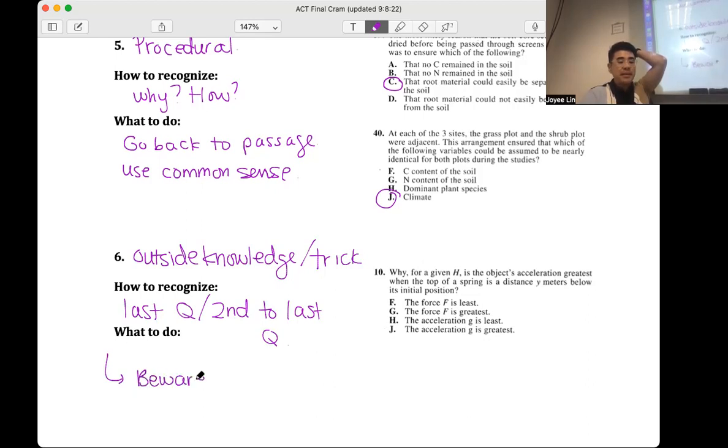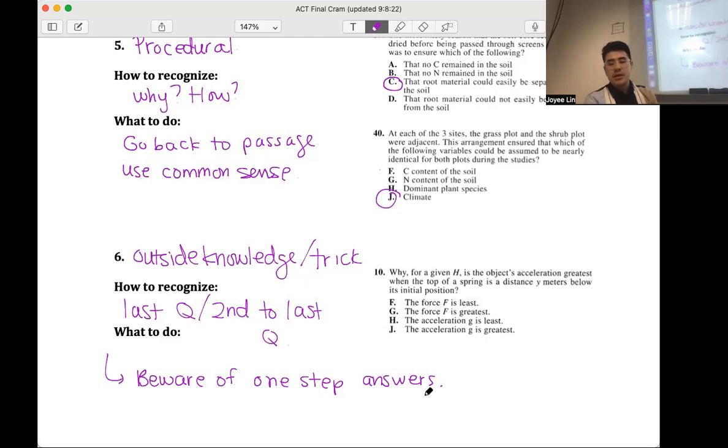Beware of one-step answers. If you're on the last question of a passage and you're like, oh, I found it, you're probably doing it wrong, right? Oh, I found it, I need to double it. Oh, I found it, I need to subtract 10. Oh, I found it, I need to do something else with it. One-step answers do not work for the last question.